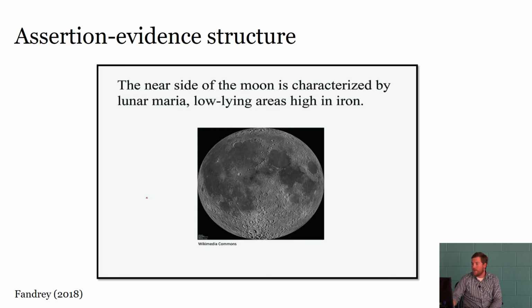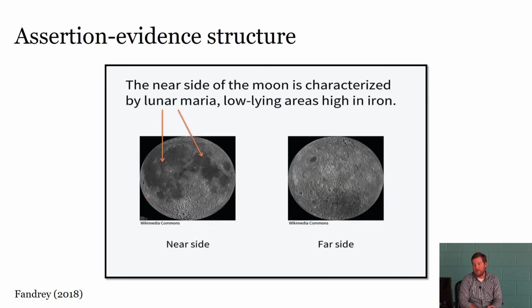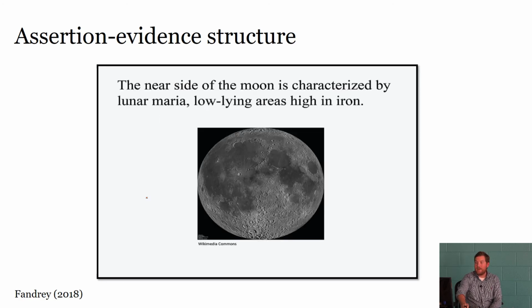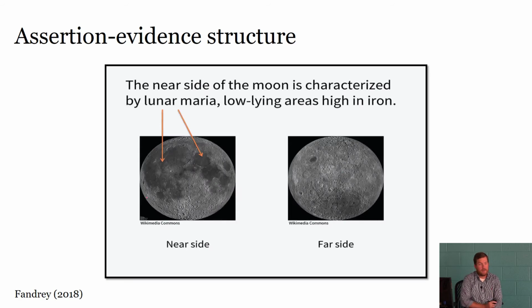Okay, so it's talking about these low-lying areas that are high in iron. This is a pretty good example of it, but when I use this counterexample of the far side of the moon, it makes it even better, right? Because I can't really appreciate that without this contrast of the other side.